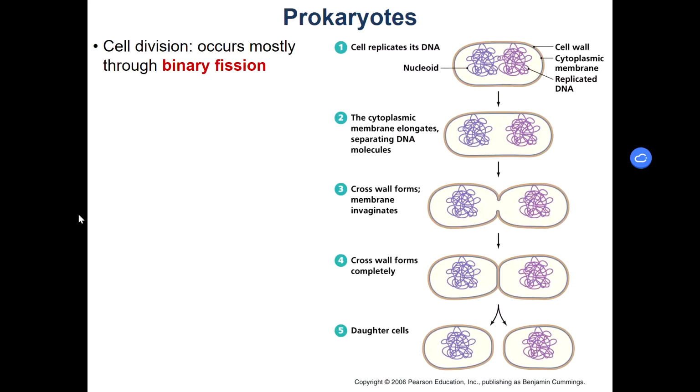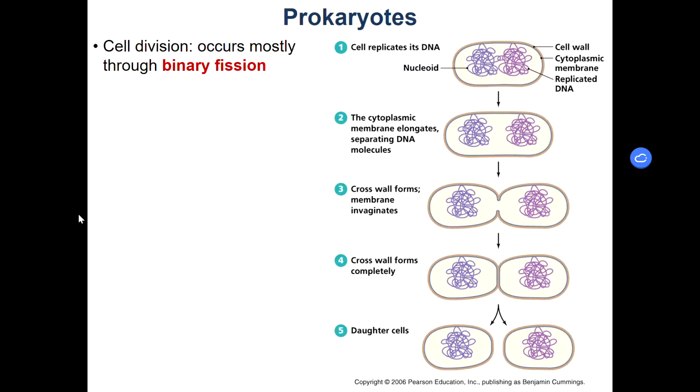So, prokaryotes, both bacteria and archaea, have certain things in common that distinguish them from eukaryotes. The first is that cellular division typically occurs through binary fission.